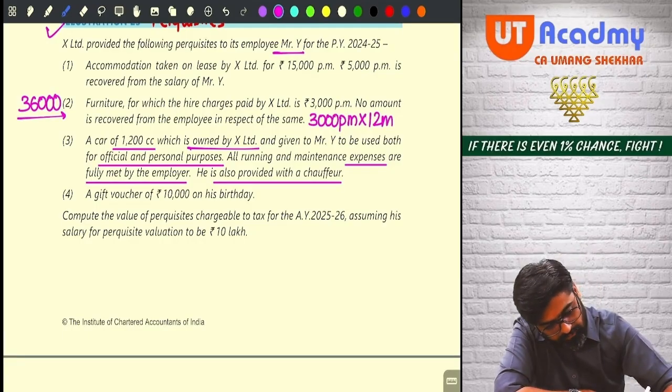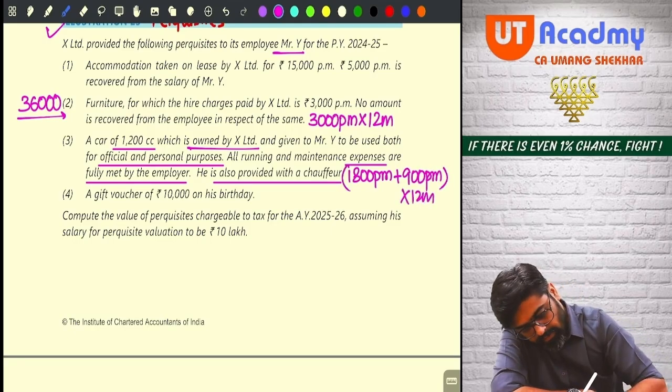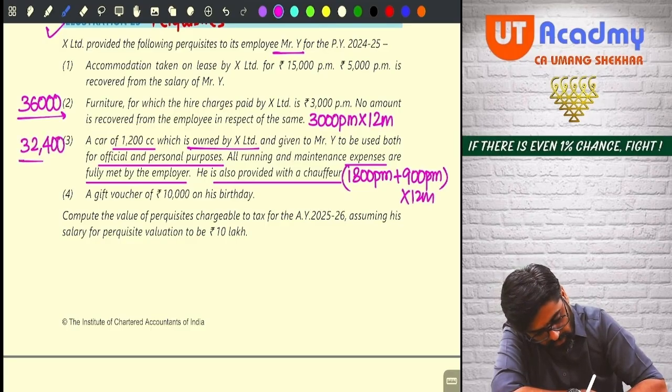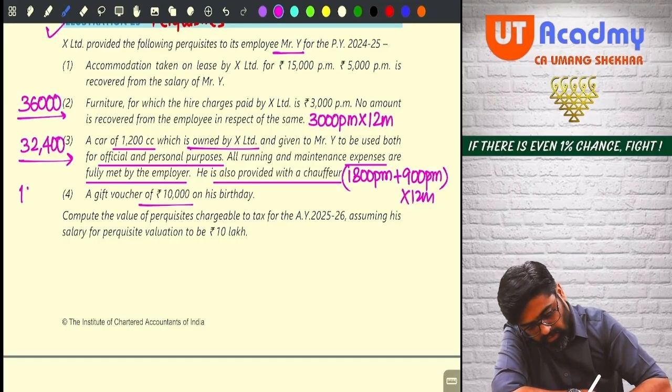So can I say this will be 1800 per month plus 900 per month multiplied by 12 months. How much you will get? 32,400. Everyone got this? A gift voucher of 10,000, meaning that entire 10,000 will be taxable.